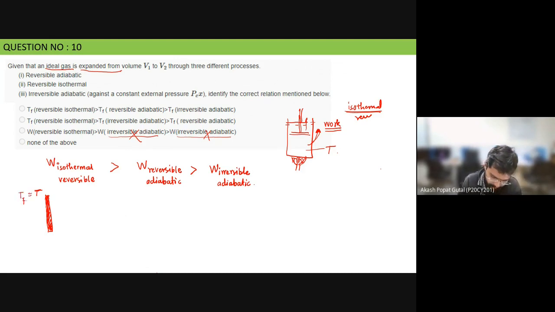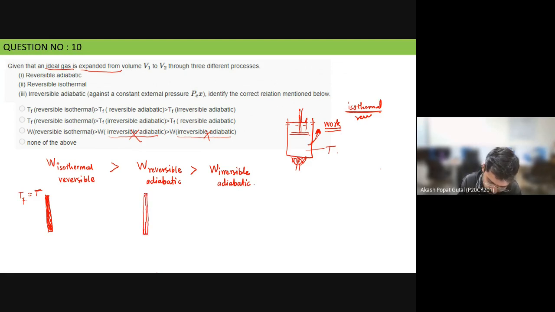Suppose we take the same system and check the reversible adiabatic condition, which has higher work than irreversible adiabatic. In adiabatic condition, whatever work the system does, it takes energy from the internal energy. So in reversible adiabatic your work done is higher than the irreversible, which means it takes more internal energy.